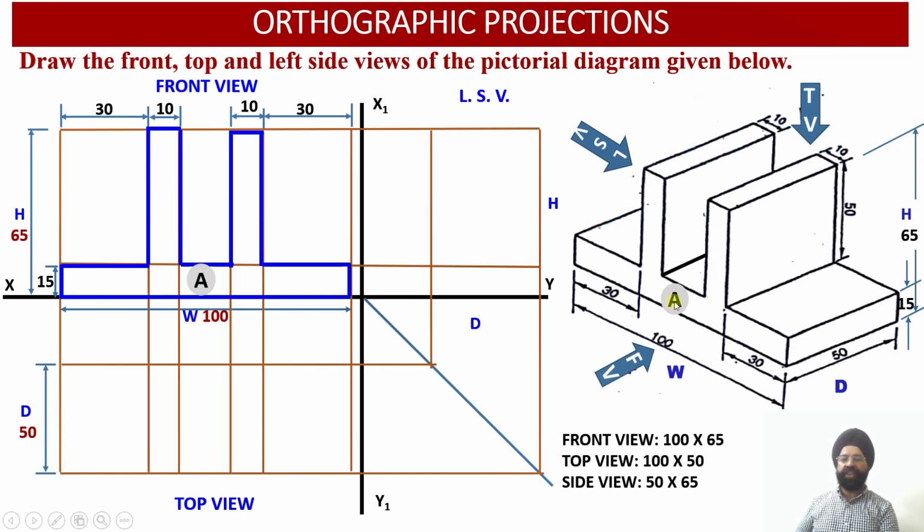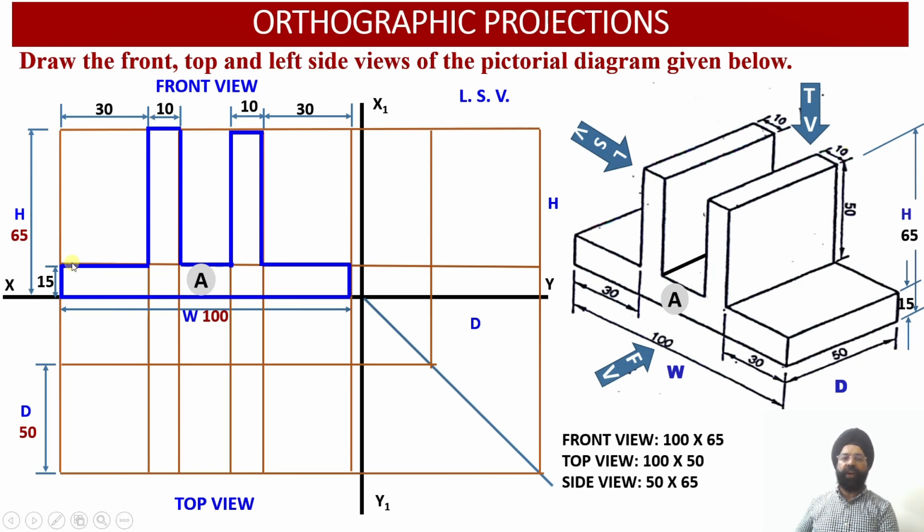This is the construction of surface A as viewed from the front view. And another thing must be noted, since the surface is parallel to the vertical plane, the true length of this surface A has been obtained onto the vertical plane, right? So I have been able to obtain the true shape of the surface onto the vertical plane.